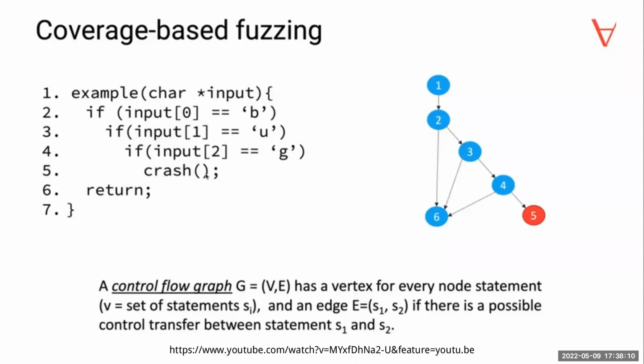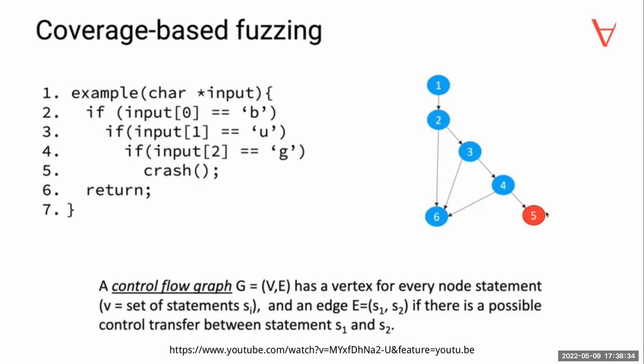actually trigger this? A coverage-based fuzzer will generate a control flow graph like this. Then you will try to reach every node in the control flow graph, so that will be better coverage. Of course, even if you reach every node, it doesn't mean you will always find the bug.